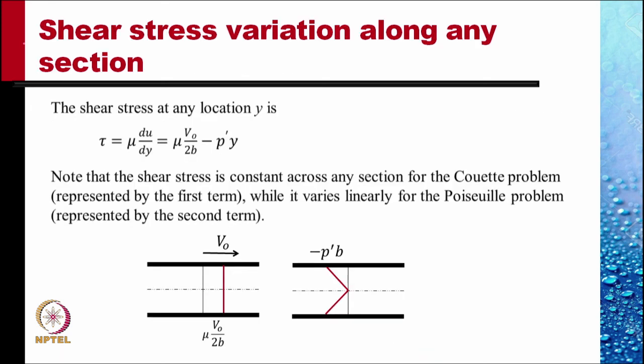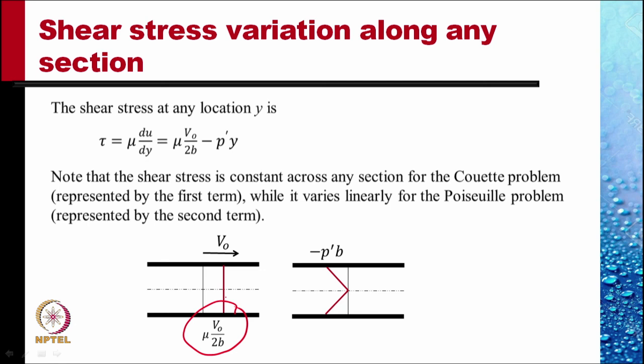The shear stress variation along any section can be calculated by tau is equal to mu du by dy, and that is obtained for the profile that we obtained as mu v naught by twice b minus P prime y. Note that the shear stress is constant across any section for the Couette problem. That is, no pressure gradient, but only the upper plate moving with the velocity v naught. Then we have constant shear stress equal to mu times v naught by twice b.